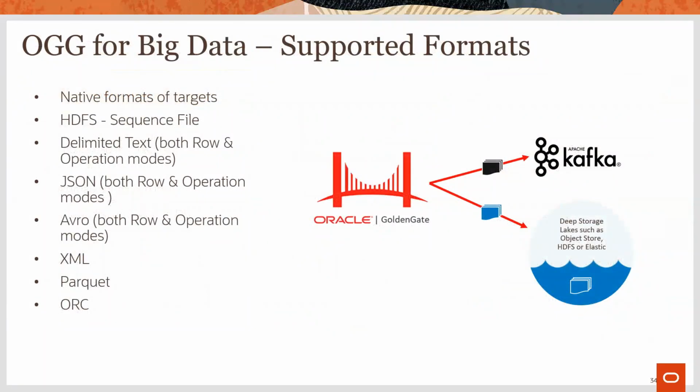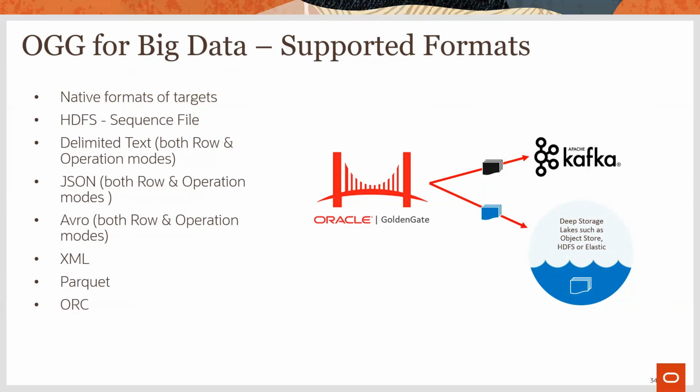From a formatting perspective, the supported formats, this is the syntax of the data, if you will. The native formats of the targets are all supported, including sequence files. You've got delimited text, JSON, Avro, of course, is hugely popular for Kafka.